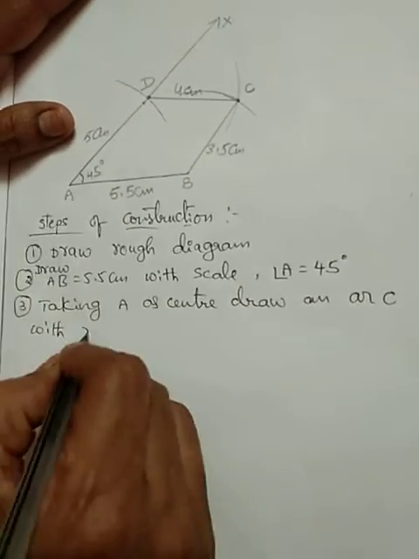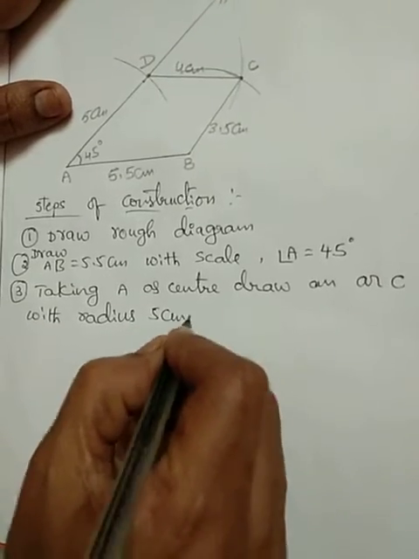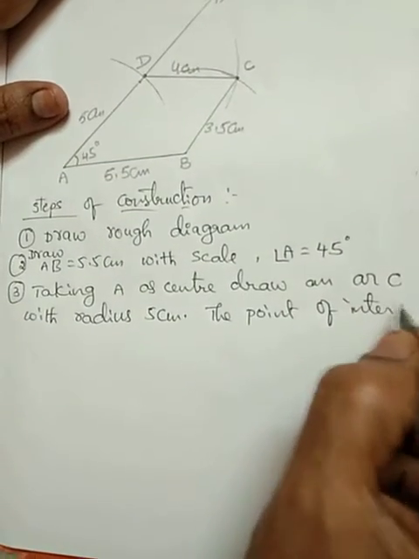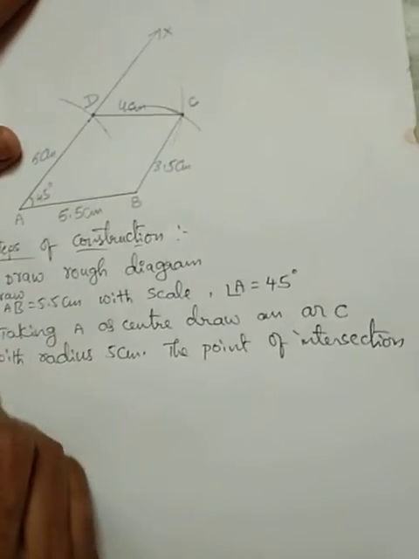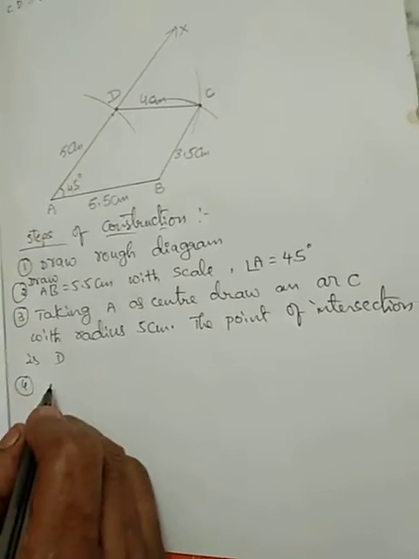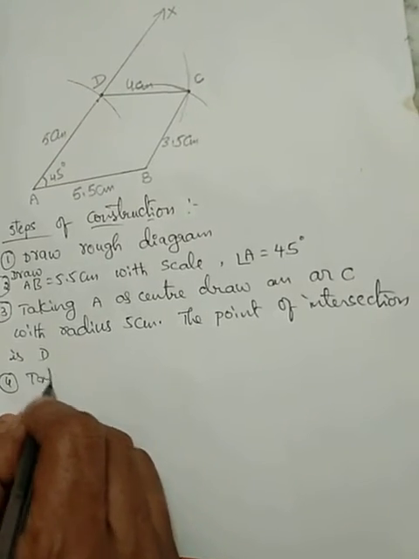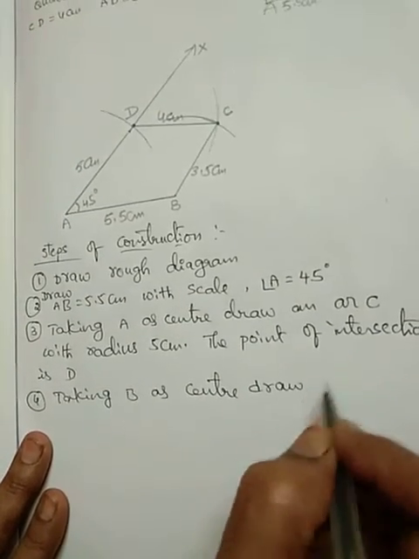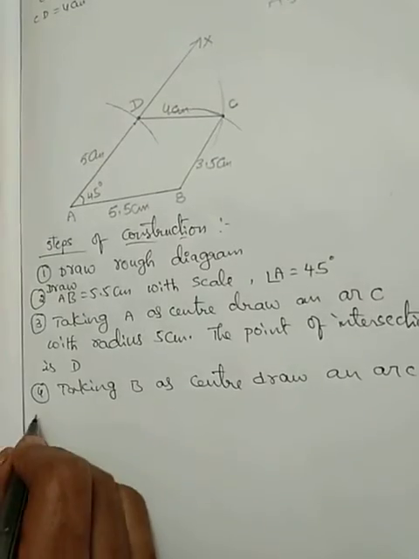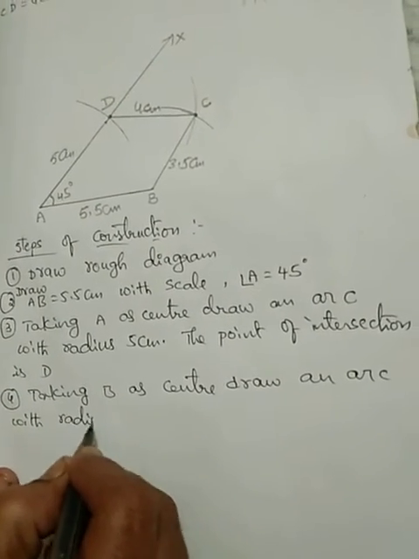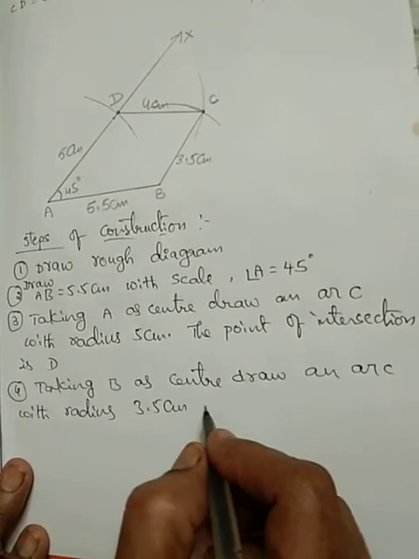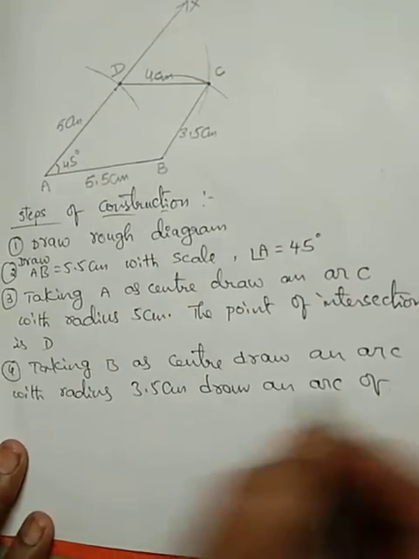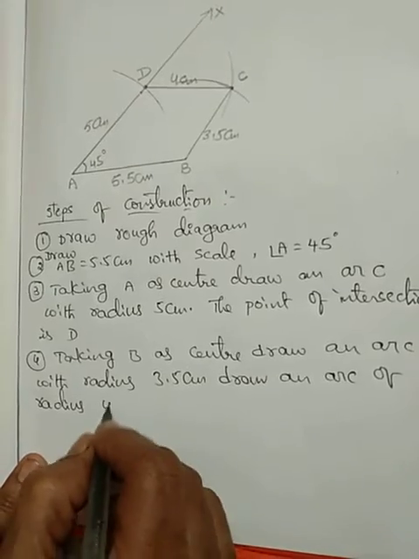with radius 5 centimeters. The point of intersection is D. Fourth step: now taking B as center, draw an arc with radius 3.5 centimeters, and also draw an arc of radius 4 centimeters.